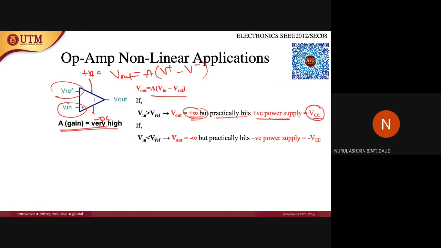And if V in is lesser than V reference, V out will be minus infinity, but practically it will be limited by the minus DC value, which is minus VEE. I hope up until here is clear, right?